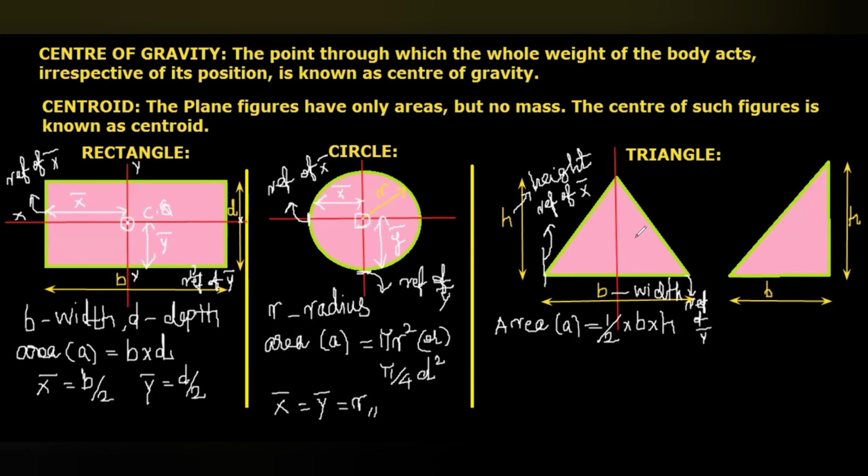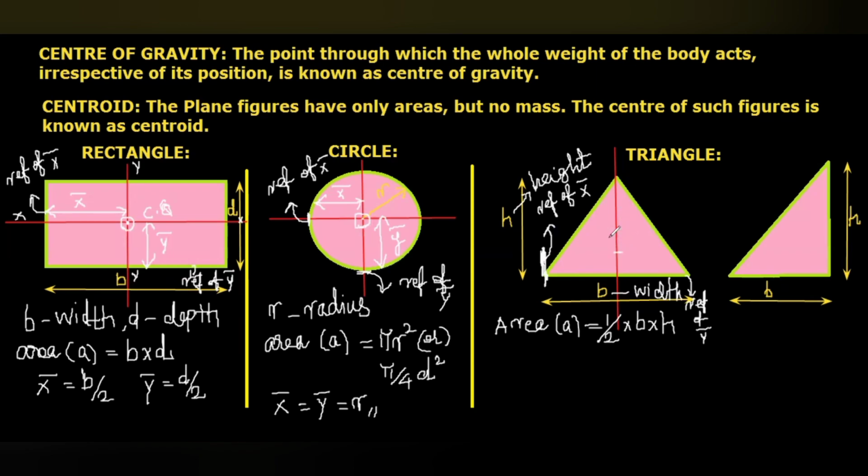And here the x bar, like the symmetric triangle, equilateral triangle or isosceles triangle, which is symmetric about the vertical axis. Here you can see from the leftmost line, this is the reference line. The center of gravity will lie on this axis. It may be here, here, here, wherever.